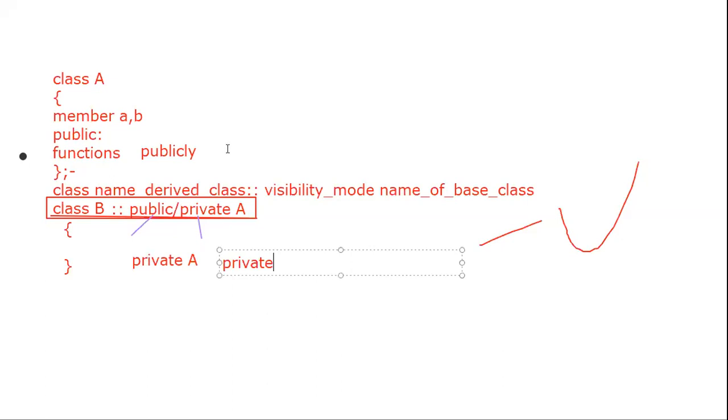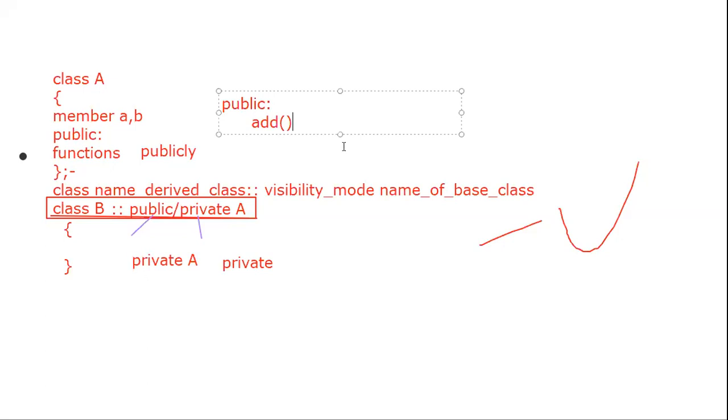Sir, can you give us an example? Okay, suppose this is our add function, and this is our public access specifier, and inside that one function is available, add.